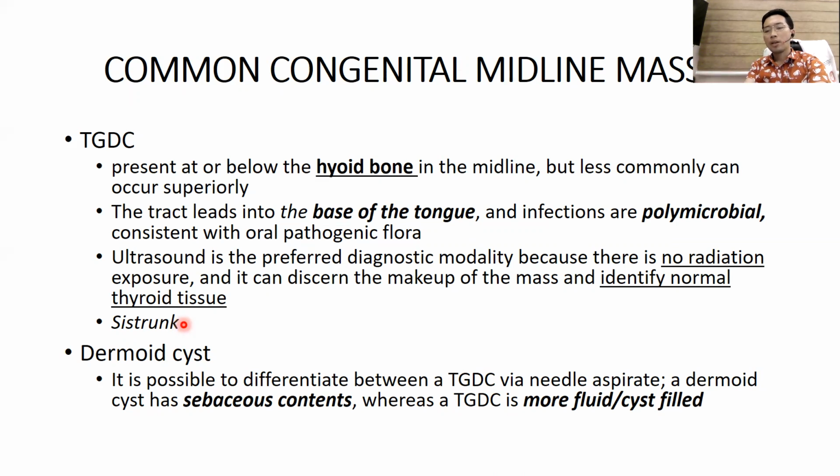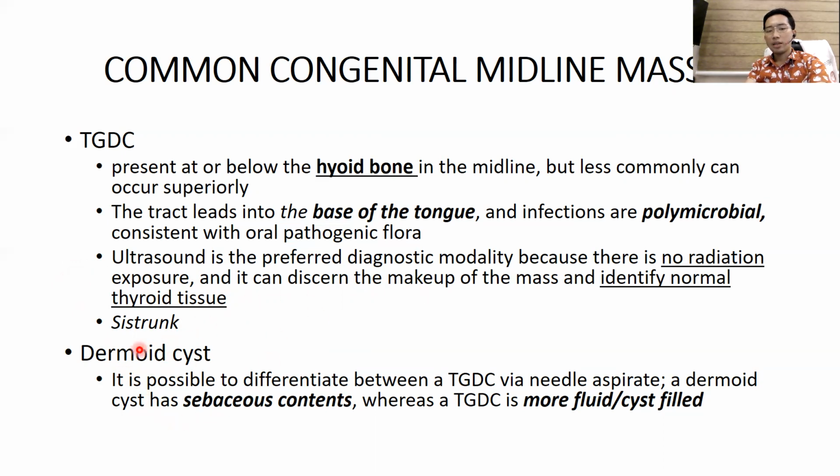They found there was an increase in recurrence. Thus, they proceeded to this new technique, Sistrunk, in honor of the surgeon, in which he added the removal of the middle third of the hyoid bone.